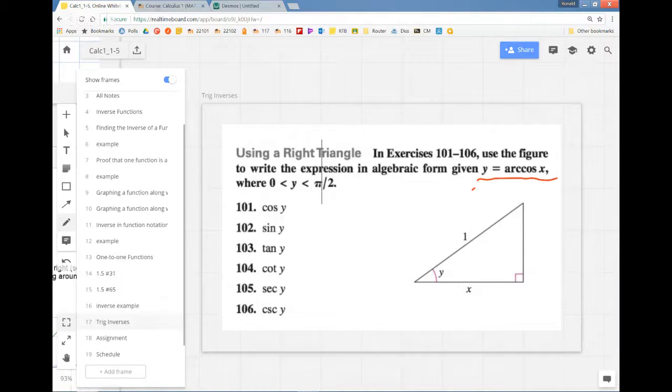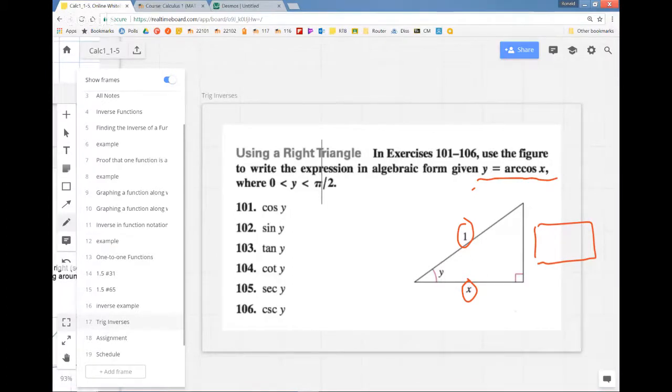So what we're saying is when you take the cosine, you get x. And the arc cosine is the angle y that gives you the result cosine y equals x. So do you notice adjacent over hypotenuse is literally x? Okay. So using the Pythagorean theorem, can you tell me what this is over here?